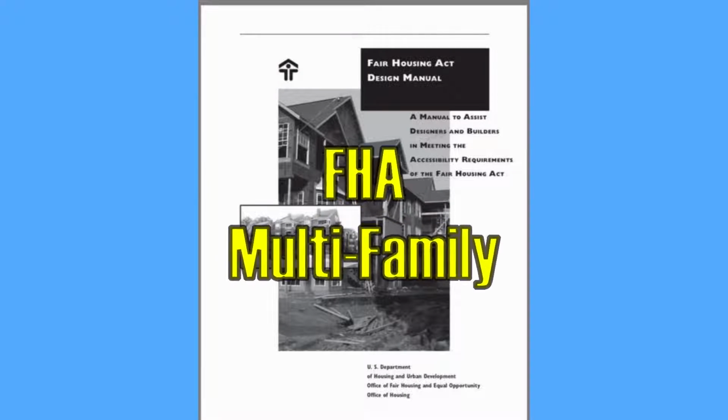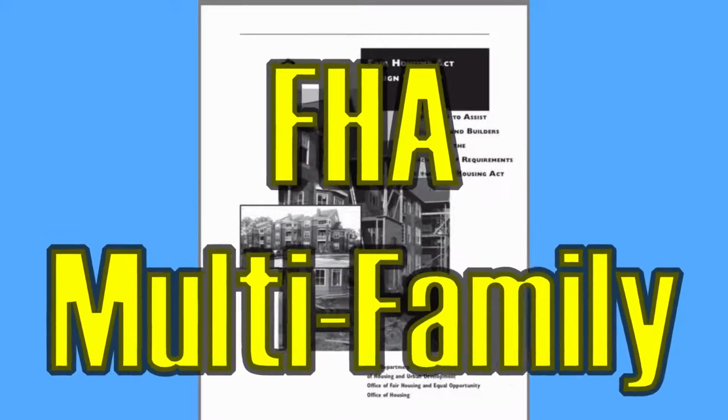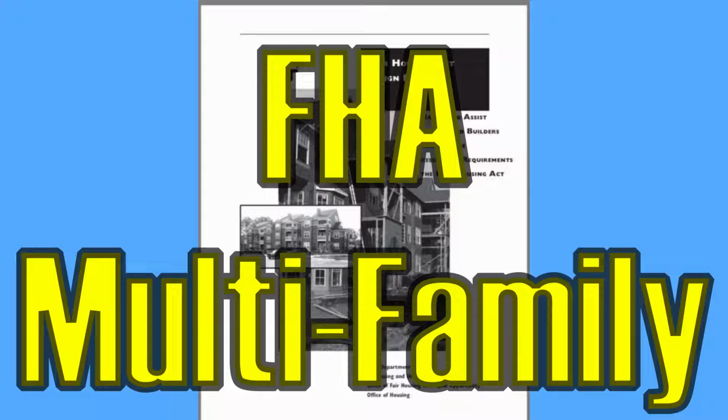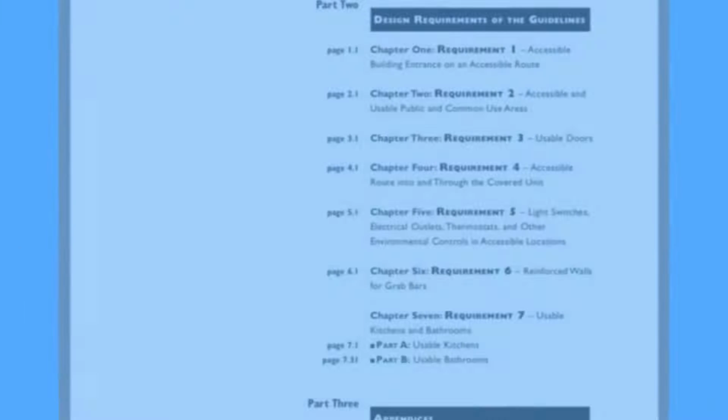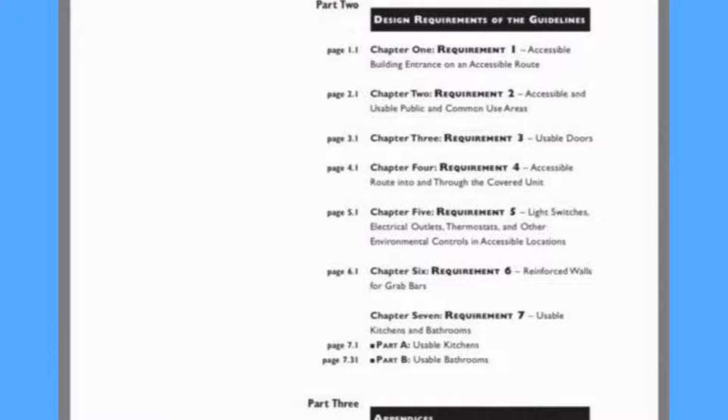The role of FHA in terms of multifamily accessibility is more specific. It requires 7 design features to be met for multifamily housing to comply with the Fair Housing Act.